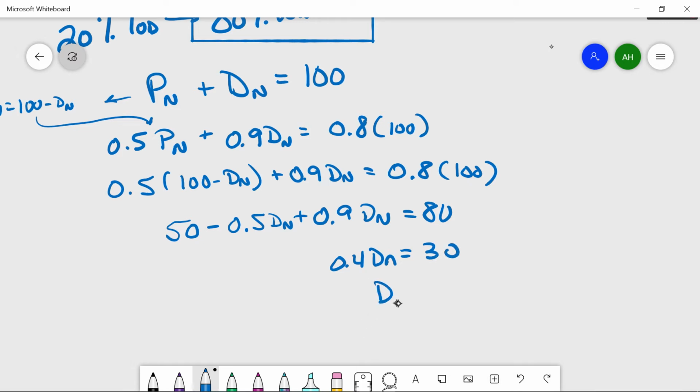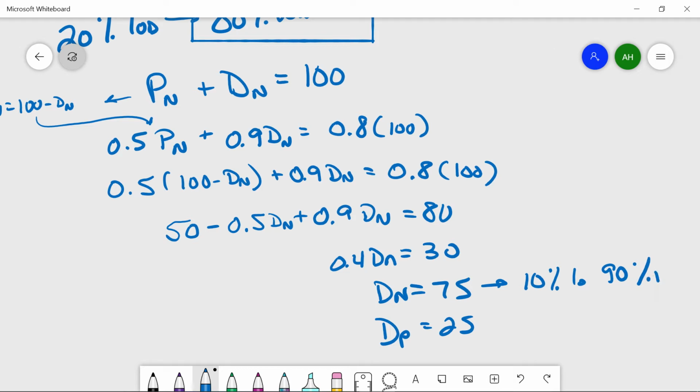And then the dN is going to equal 75. And again, the dP is going to equal 25. And that dN was representing the 10% iodine, 90% water mixture.